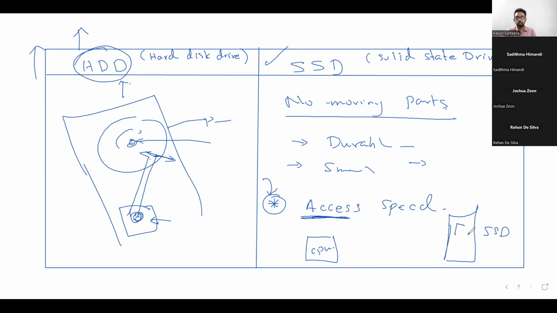How long it will take to read something in SSD compared to HDD, it will take less time. Because it takes less time to read something, we can say access speed is high, because it's quickly accessed. Read something quickly compared to HDD. That's the main reason we use SSDs.